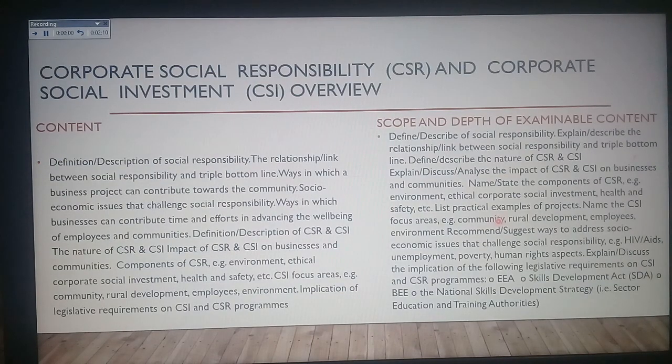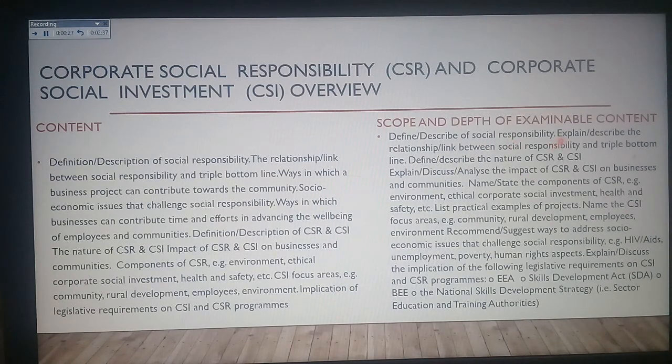Corporate social responsibility and corporate social investment. This is an overview. For a grade 12 learner who will be writing an exam, we are giving you an overview of what you may expect during your examination. The scope and depth of the examination content: you'll be required to define and describe social responsibility.